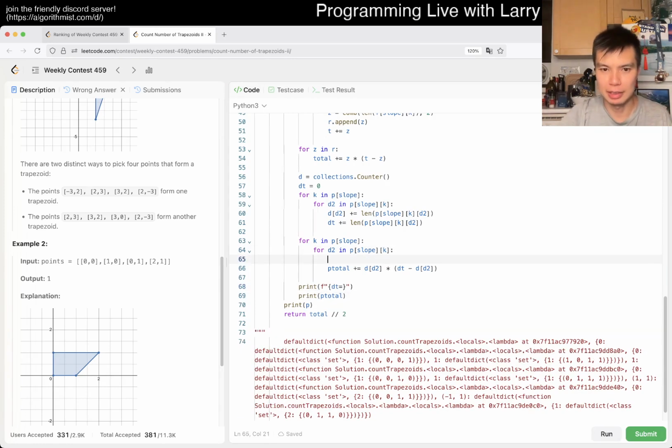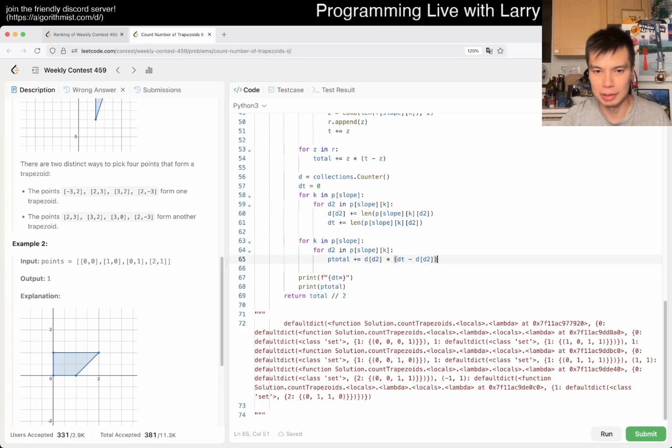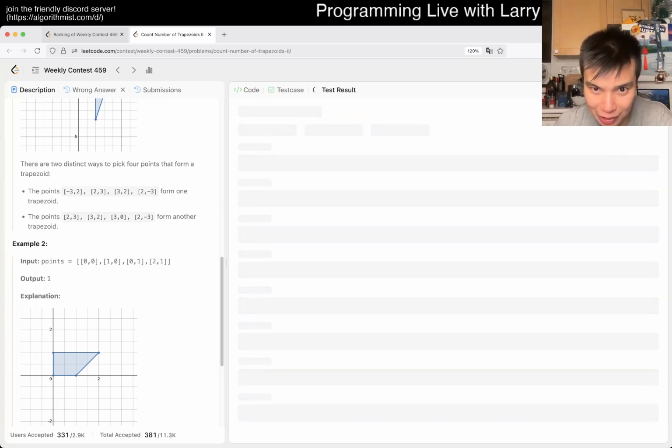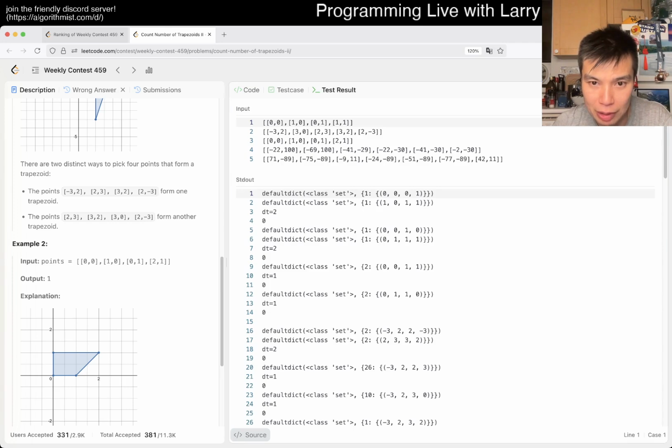Why? Okay, let's see. Print. I think this is too much, but okay, fine. Also I'm sweating here, which doesn't help. Okay, so you have a set of 1.